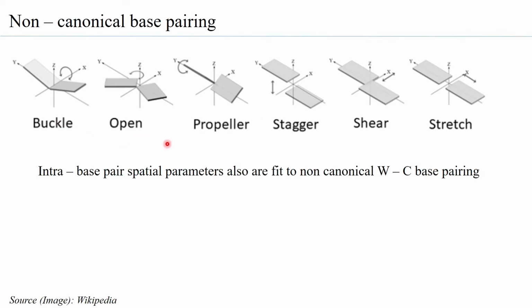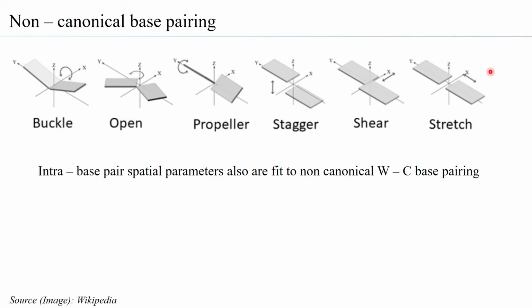Interestingly, just as you observe with the canonical Watson and Crick base pairing, you can also observe the same kind of intra-base spatial parameters with the non-canonical base pairing as well. So you would have non-canonical base pairing showing buckling or opening or a propeller twist or stagger or shear or stretch.